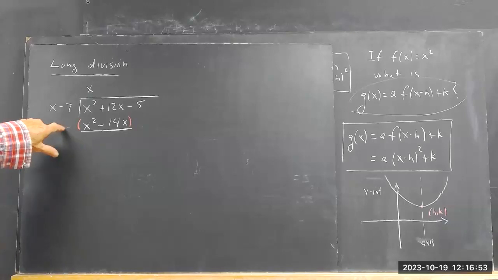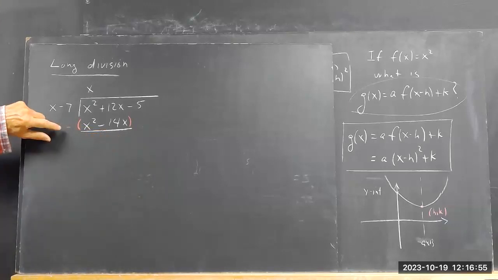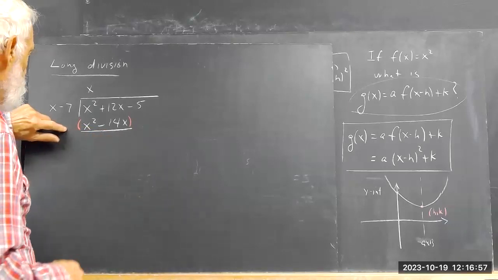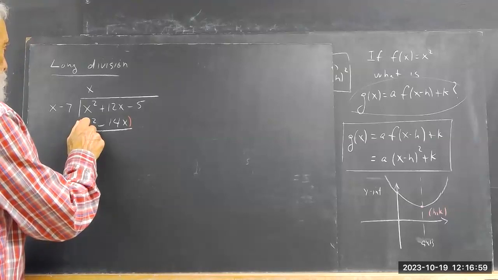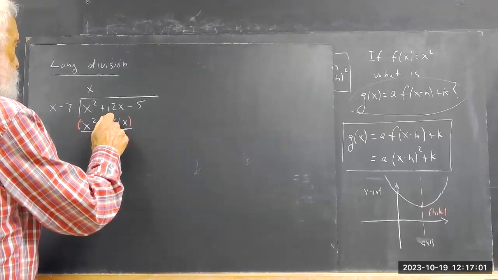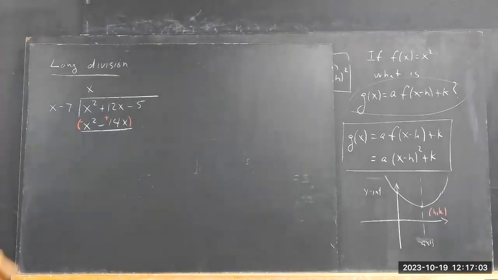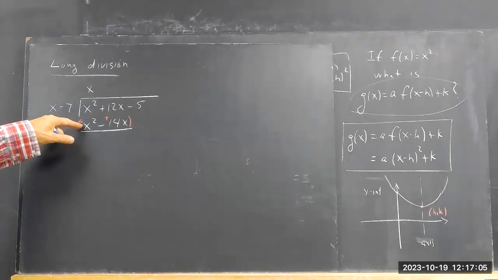Now, instead of subtracting all of this, I'm going to distribute a minus sign through here. I'm going to put a little minus on the x squared and a little plus on the 14x. I'm not going to change the sign of x squared into minus.